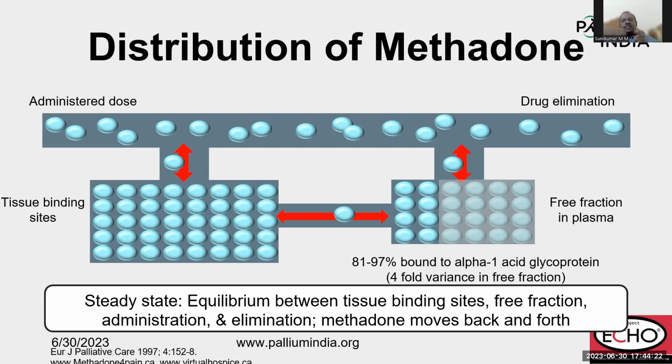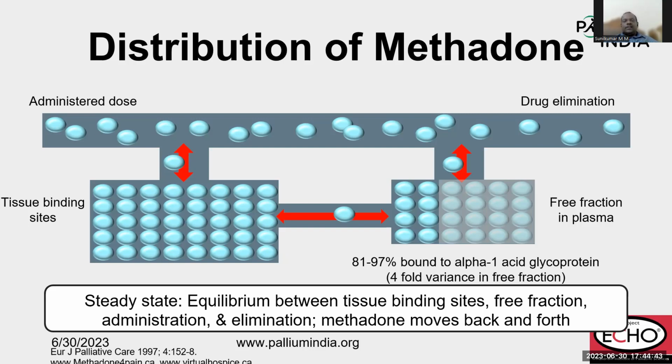When you administer methadone for the first time, it will take about 5 to 7 days to get stable pain relief. That means you should not increase the dose of methadone until 5 to 7 days. But in the case of morphine, you can increase the dose every day.